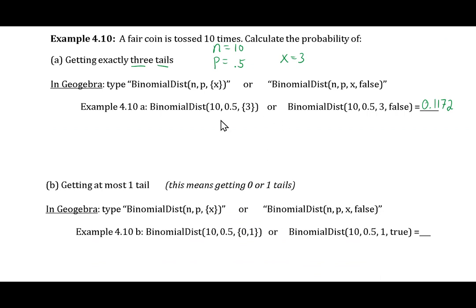One of the other options for finding the binomial probabilities in GeoGebra is to use the cumulative distribution function. And that's just asking us to put either true or false at the end. In this case, we're going to use false because it is not cumulative.